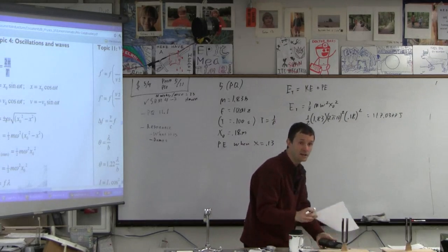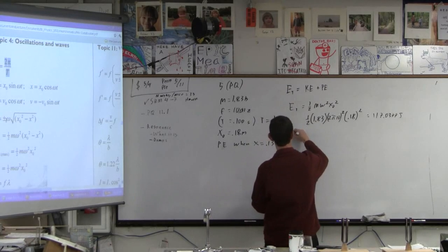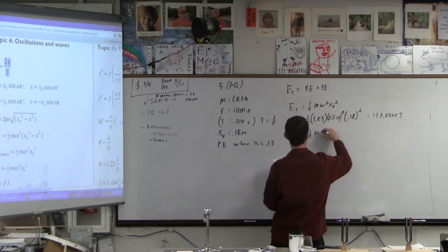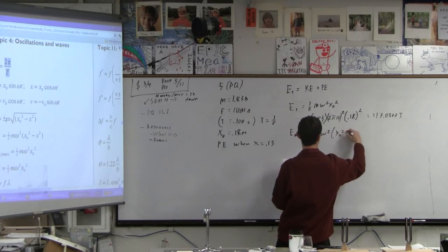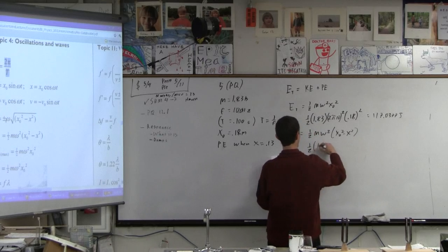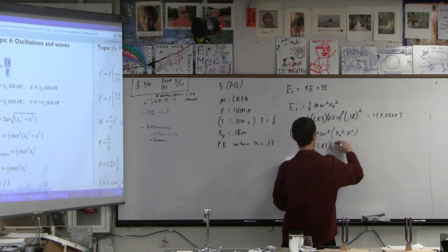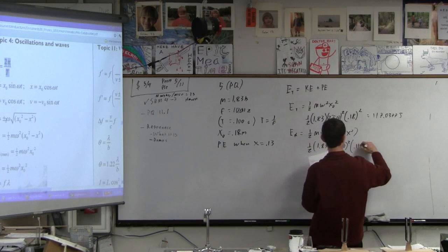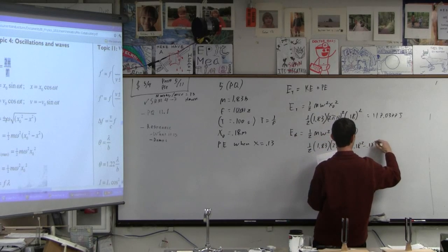Now the kinetic energy at that point is 1/2 m omega squared times x naught squared minus x squared. So that's 1/2 times 1.83 times 2 pi 10 squared, times 0.18 squared minus 0.13 squared.